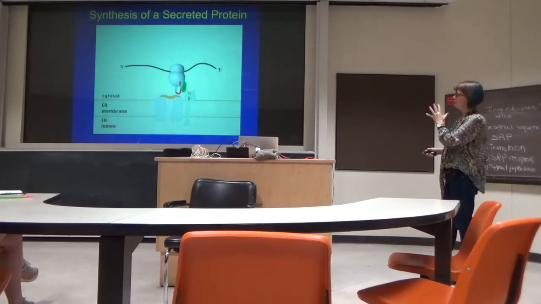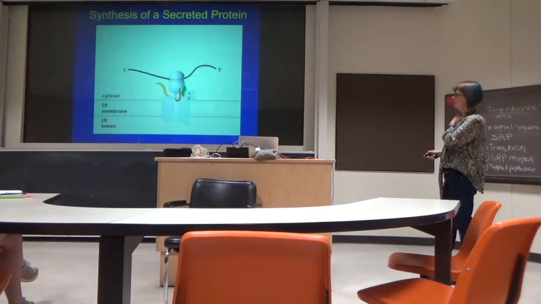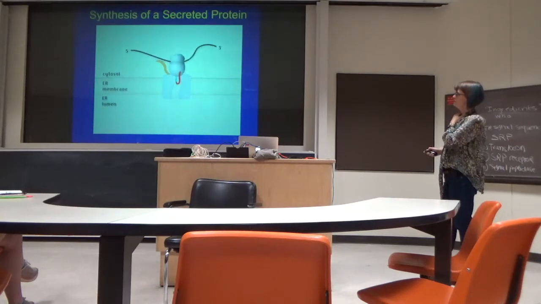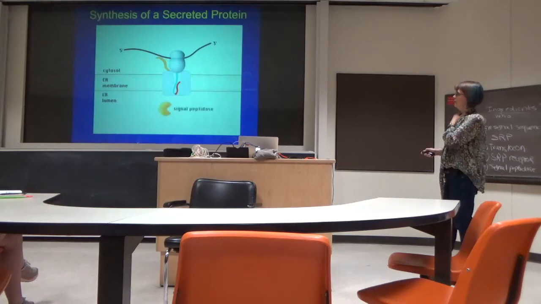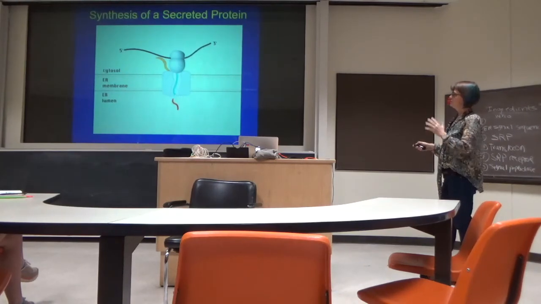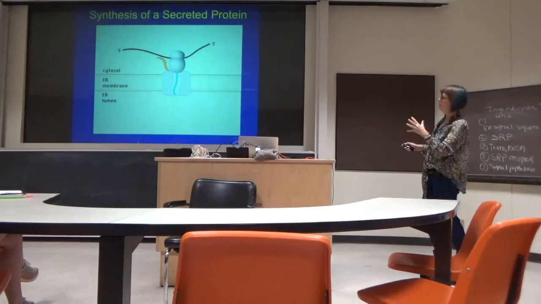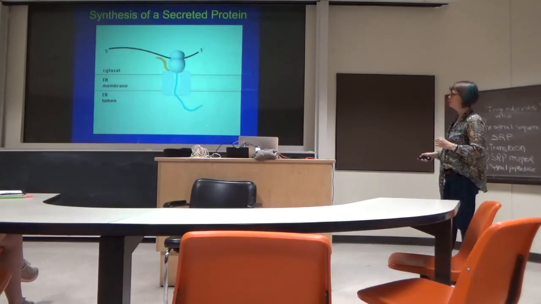And then this three-part complex also exposes the translocon. The ER signal sequence transfers to the inside, SRP takes off. Translation can now continue, and this Pac-Man signal peptidase comes up and chomps off the ER signal sequence. This is showing everything pausing, but this would all be simultaneous.